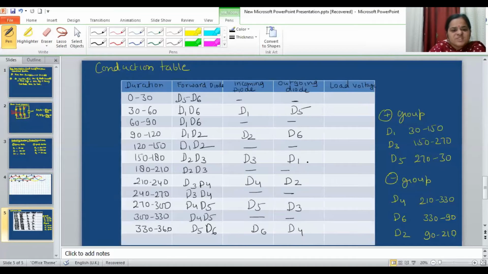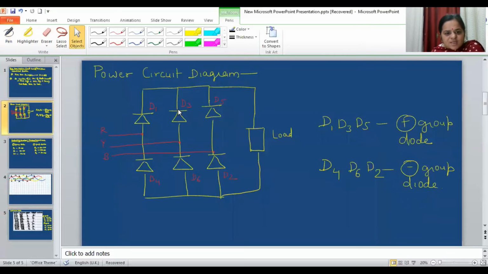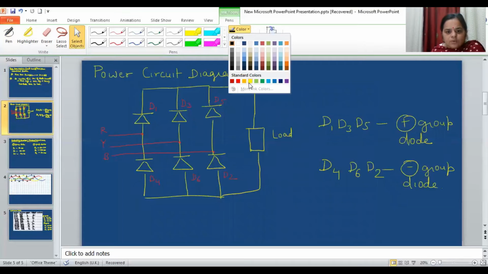Now for 0 to 30, D5, D6 are conducting. How much load voltage we are going to get, we will determine with the help of the power circuit diagram. So for 0 to 30, 5 and 6 are conducting. Let me show you how we will calculate the load voltage.